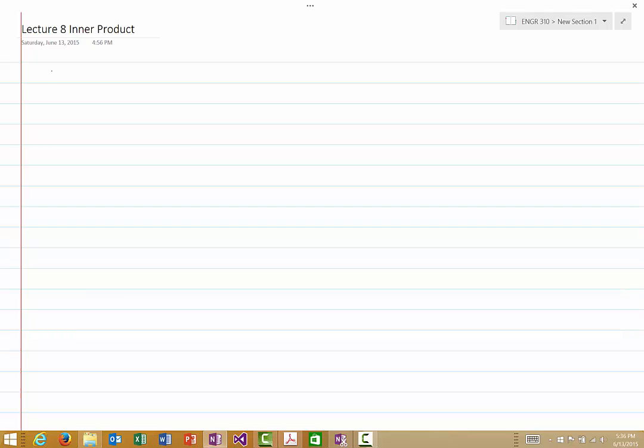And the way that the dot product of two vectors is defined is the following. Let's suppose that the vector v is equal to v1, v2, ..., vn, and the vector w is equal to w1, w2, ..., wn.